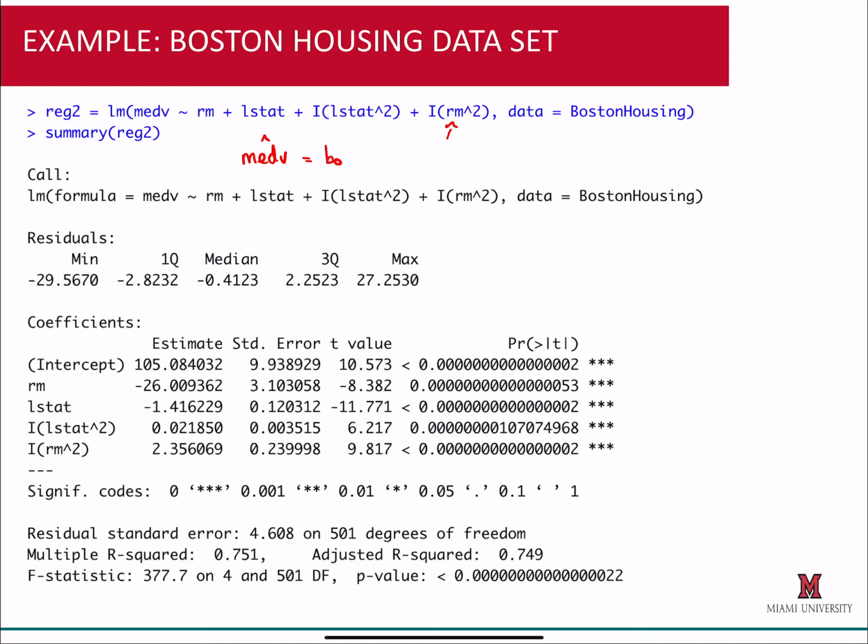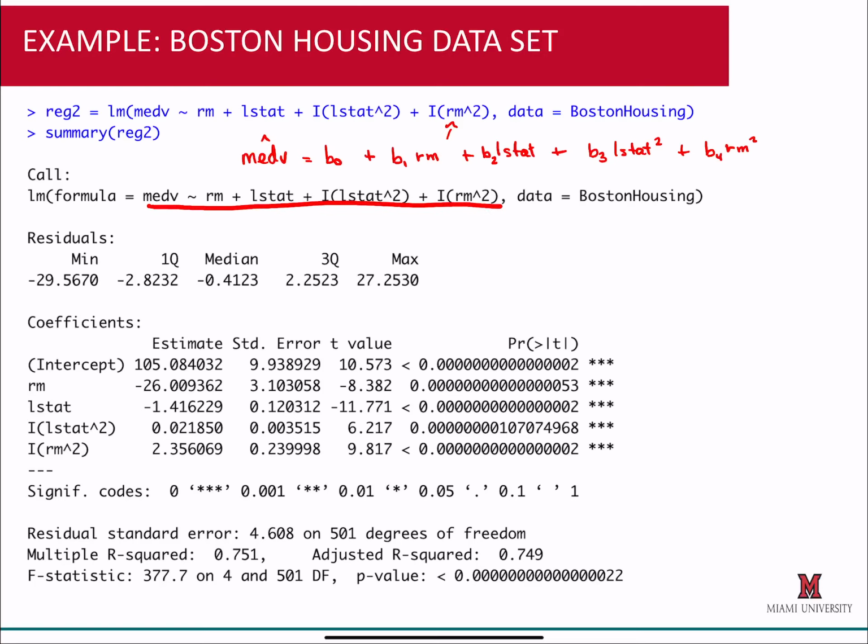We have the y-intercept plus the slope for room plus the slope for LSTAT, the percentage of lower status in the population, plus a quadratic term on LSTAT and a quadratic trend term on rooms as well. This is the kind of model that we are fitting right here.